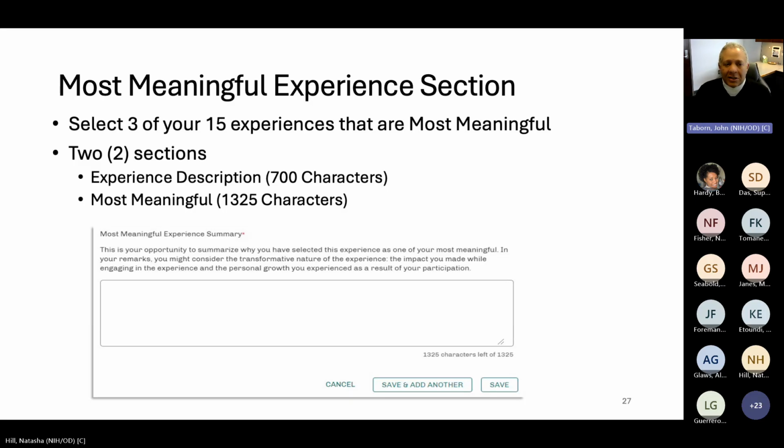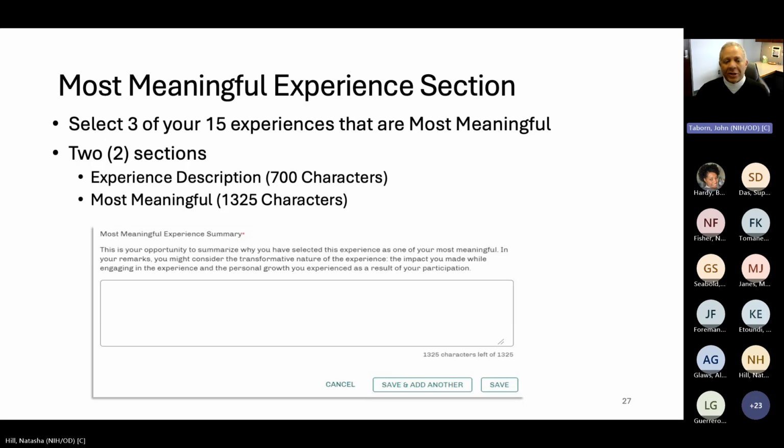First thing to notice is that, of the 15 experiences, it's really divided into 2 sections. This is where we see some students that are reapplying, or as they're getting ready to apply, miss this. So we're calling your attention to it today. When you get to most meaningful and you select it, you have a first section that's 700 characters, which is similar to what the other general experiences are.